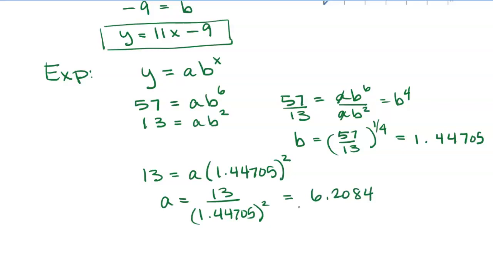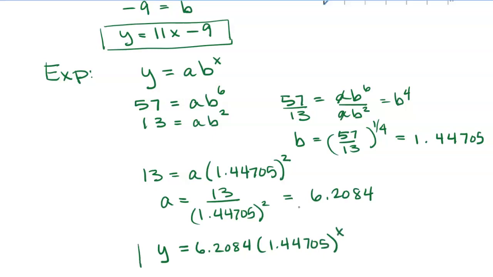Now I have a and b, and I can write the equation for that exponential function. So y is equal to 6.2084 times 1.44705 to the x.